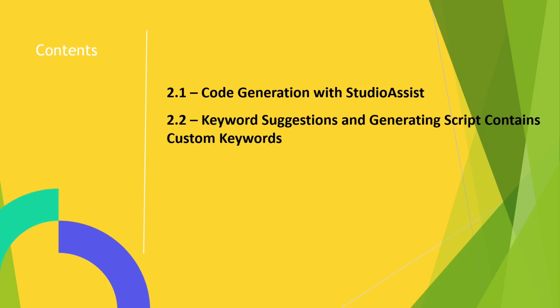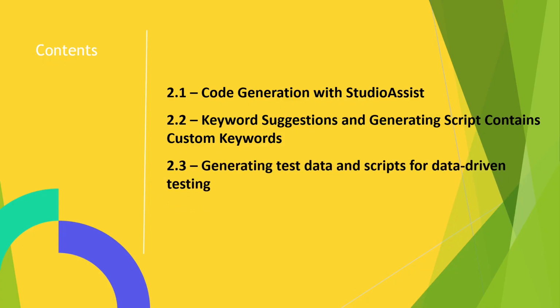And then I'm going to teach you how can we generate the keyword suggestions, and then how can we generate the script for custom keywords by using the Studio Assist with the help of plain English language. And then in section 3, I'm going to teach you by using the plain English language prompts how can we generate the test data and how can we generate the script for data driven testing in Katalon Studio.